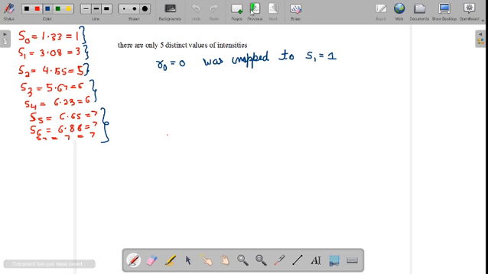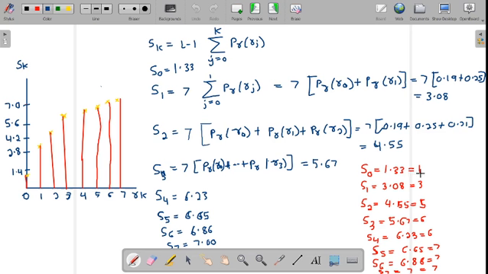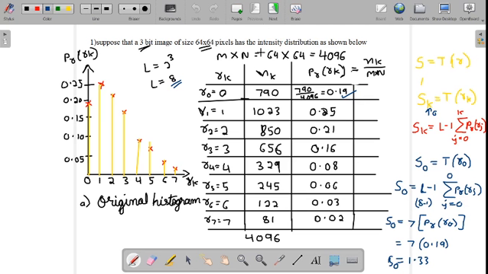You just go for R0. You need to calculate for which one? 0. But how many pixels were there with respect to 0? Are you able to follow this?